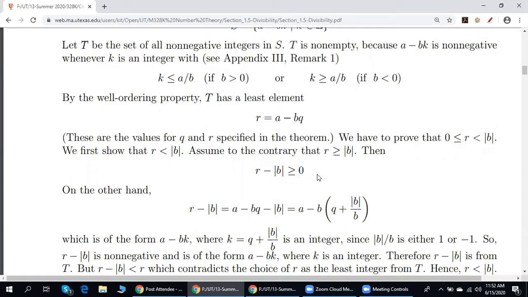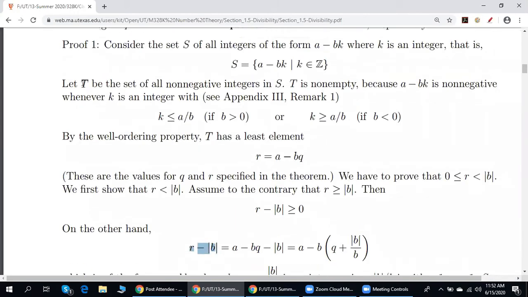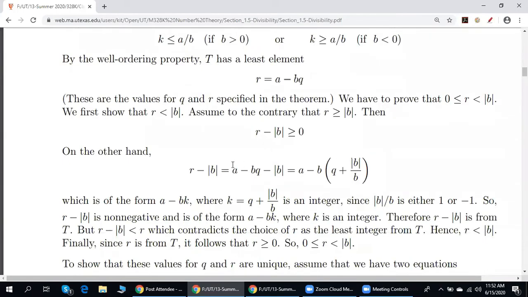Once again, conclusion, R minus absolute value of B is from T. We get a contradiction. Here is why.